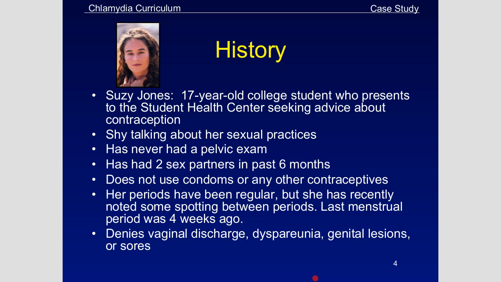You see the point? So she denies vaginal discharge, dyspareunia. What is dyspareunia? Painful intercourse is called dyspareunia. Dys means pain, dysuria is painful urination. So this is like a sexual history. She doesn't have genital lesions and sores.